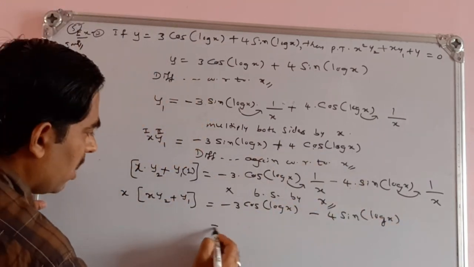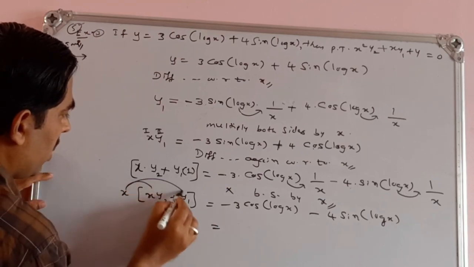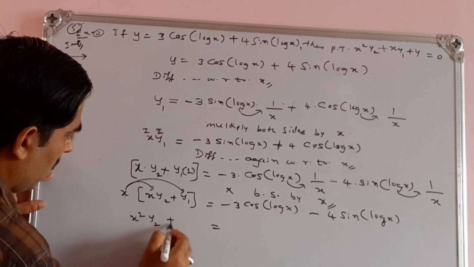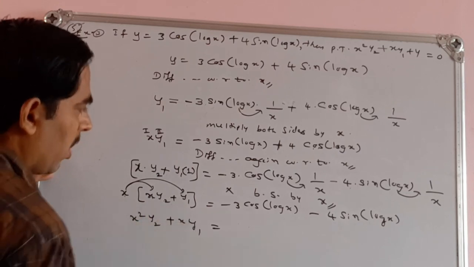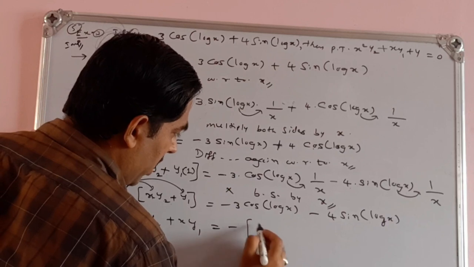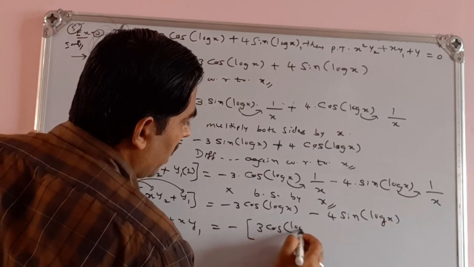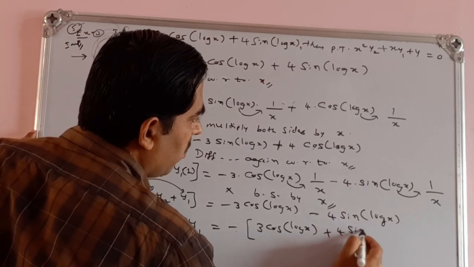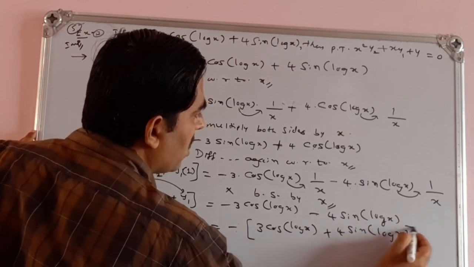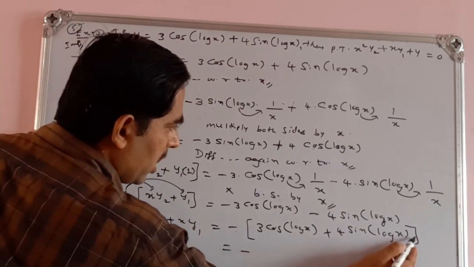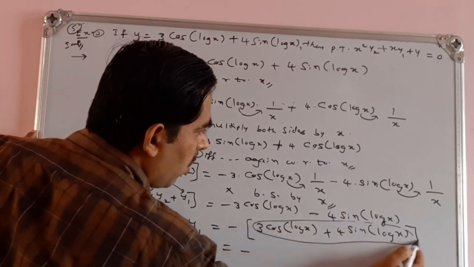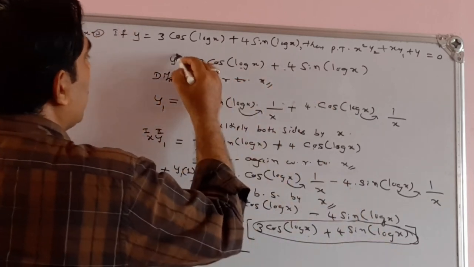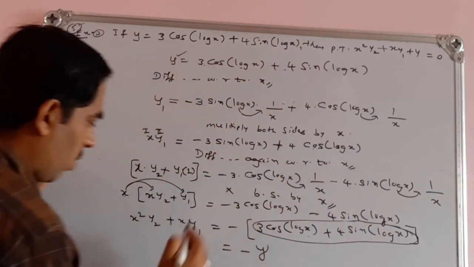This is on the right hand side. Multiplying every term by x, x into x is x square y2 plus x into y1. Minus is common, so take minus outside. Inside the bracket I get 3 cos log x plus 4 sin log x. Observe this inside quantity, 3 cos log x plus 4 sin log x, it is nothing but y. So we write this whole thing as y.